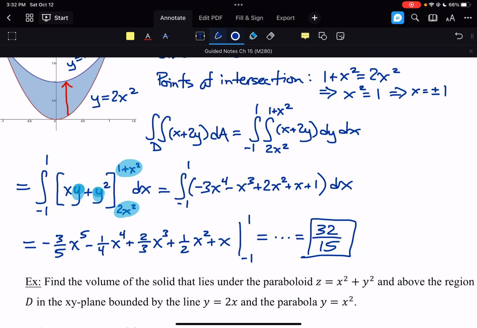So from line to parabola. And we could evaluate this horizontally as well. So this region could also be evaluated horizontally.